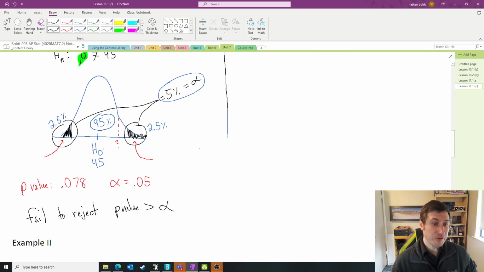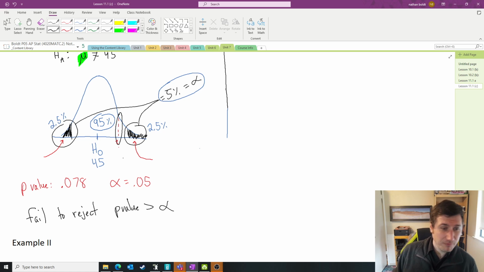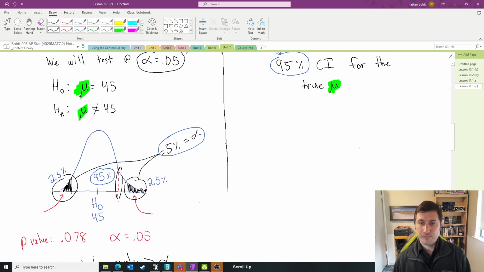So that means our sample average of 46 is somewhere over here. It's inside the 95% confidence interval. It is not outside the 95% confidence interval. Well, let's double check that. Is it actually inside our 95% confidence interval? We should do one and see.